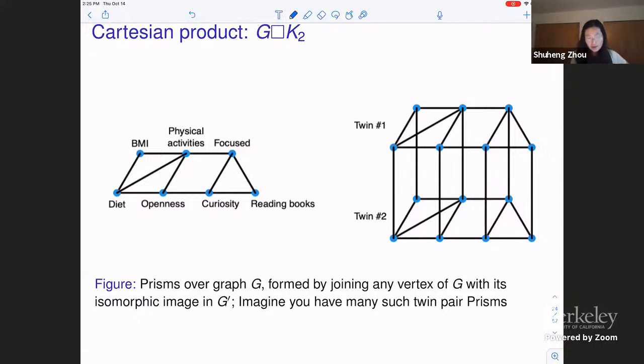So suppose I want to study those features in childhood. This is a very typical study in child development psychology.